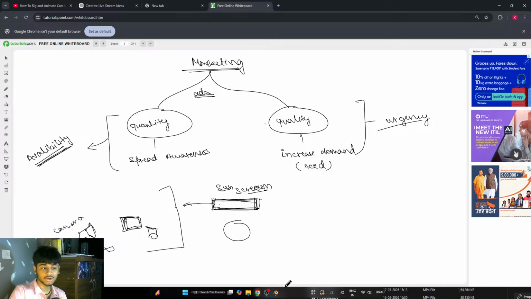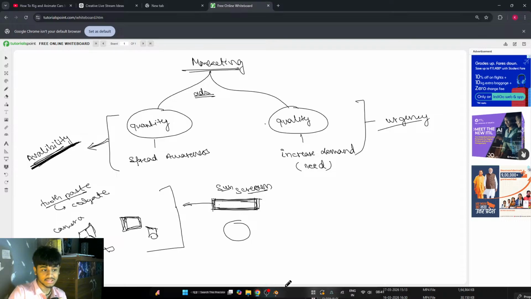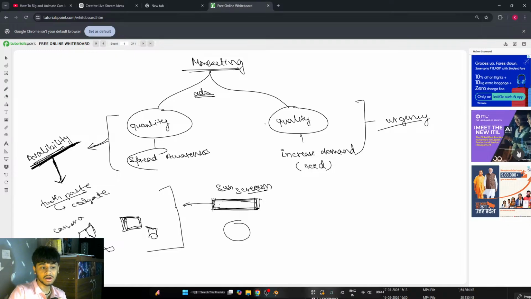But instead of saying toothpaste, they say Colgate. Why is this? It is because they are telling you that this is available. This plays a very important role in not increasing the demand, but spreading awareness.